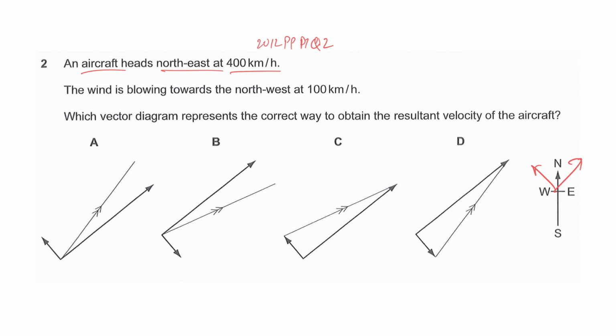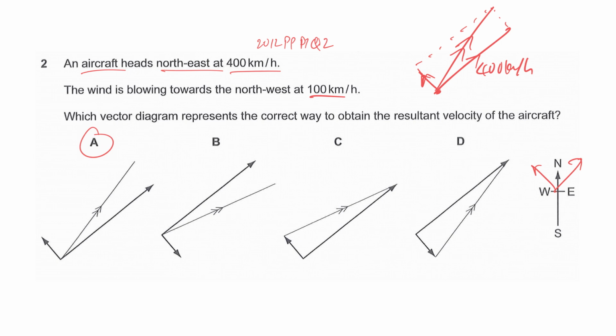So if I were to draw the parallelogram, this is the aircraft and 400 is northeast, so let's draw it here, 400 km per hour, and the wind is heading to the northwest, and since it's 100 km per hour, the length will be just about a quarter of it. Likewise, you complete the parallelogram and you know that the resultant will be in between the two velocities. Therefore, A will be the answer.